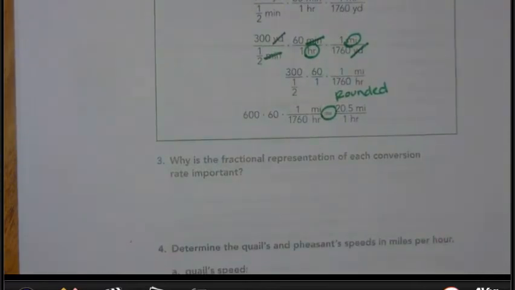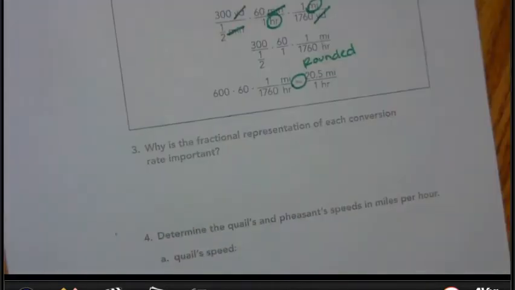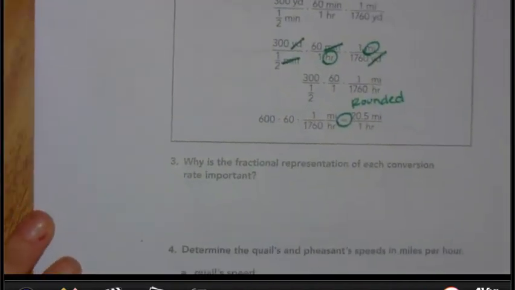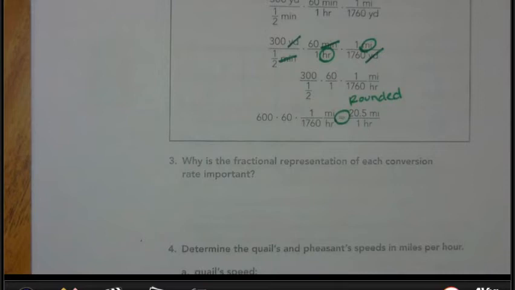Okay, so number 3 is asking, why is this fractional representation of each conversion rate important? Okay, so why do you think doing this fractional representation for each conversion is important?